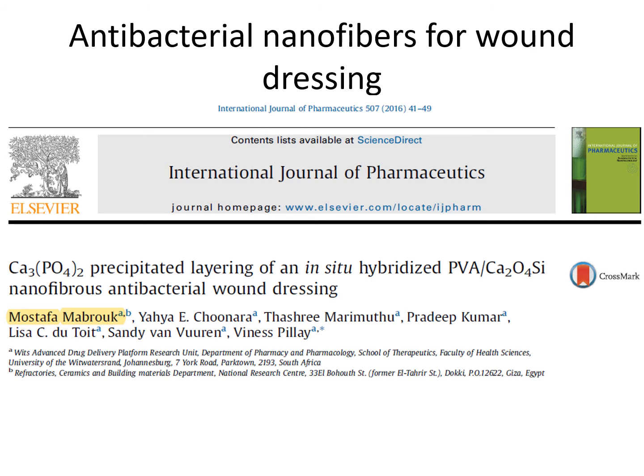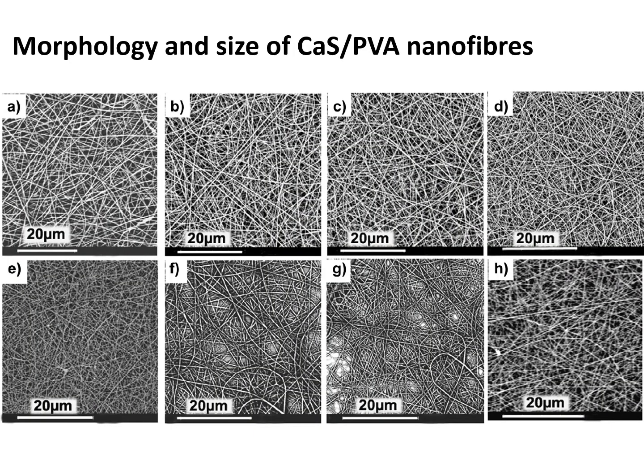This is another example about wound dressing, and this wound dressing was prepared from PVA calcium silicate nanofibers. The morphology and the nanofiber diameter were found to be affected by the presence of silver agent or zinc agent, as can be seen here in the top images.